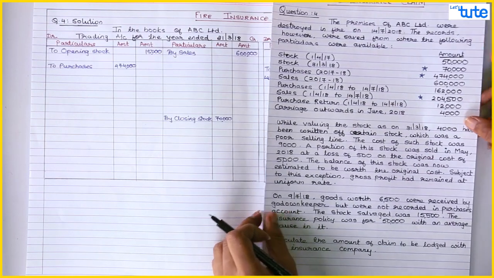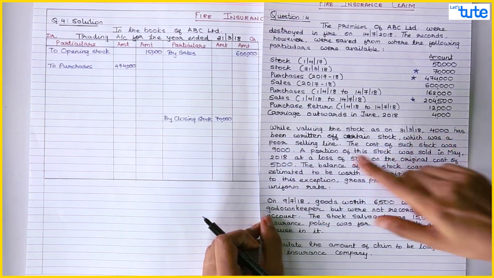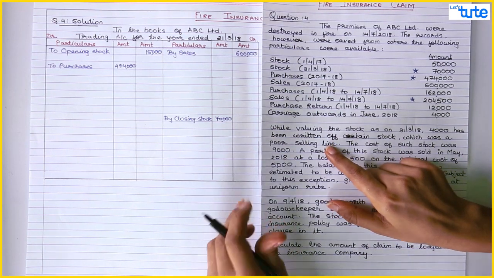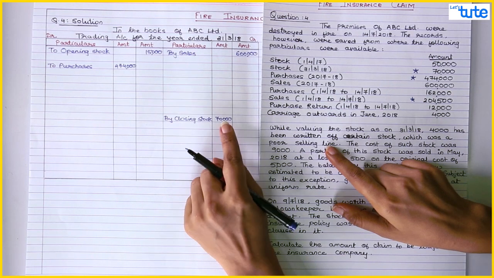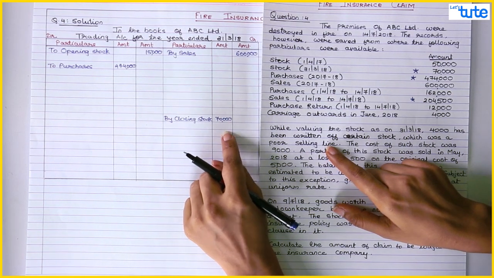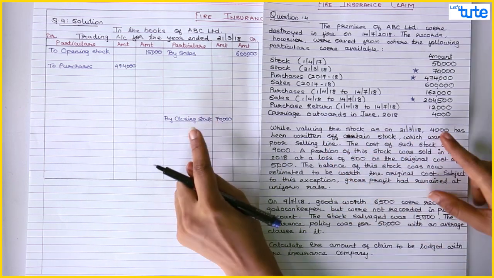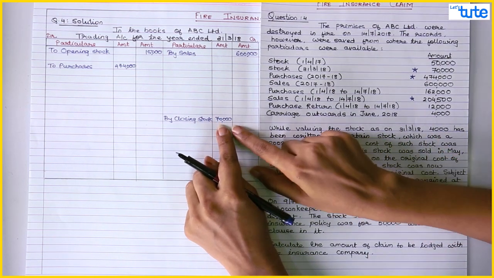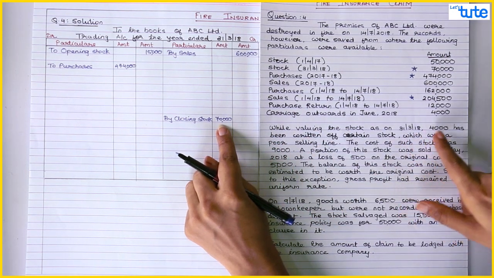Now next, while valuing the stock as on 31st March 18, 4,000 has been written off. So this amount would have been after writing off that 4,000. That means the closing stock would have been 74,000, from which they have deducted 4,000 and then they have got this 70,000, because this would be after writing off this 4,000.